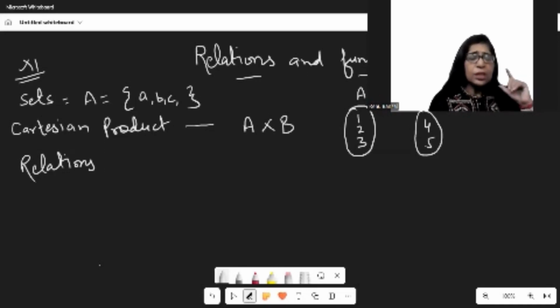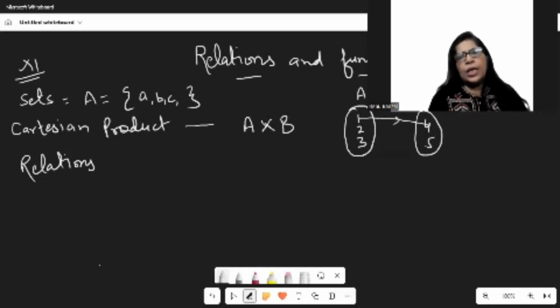Now the Cartesian product gives all possible ordered pairs from A to B, that is (1, 4), (2, 4), (3, 4), or (1, 5), (2, 5) or (3, 5).